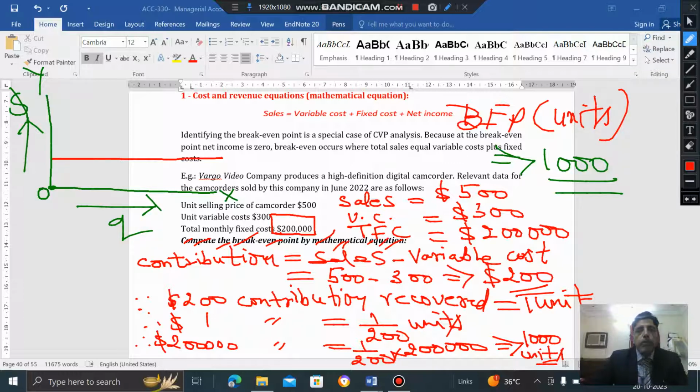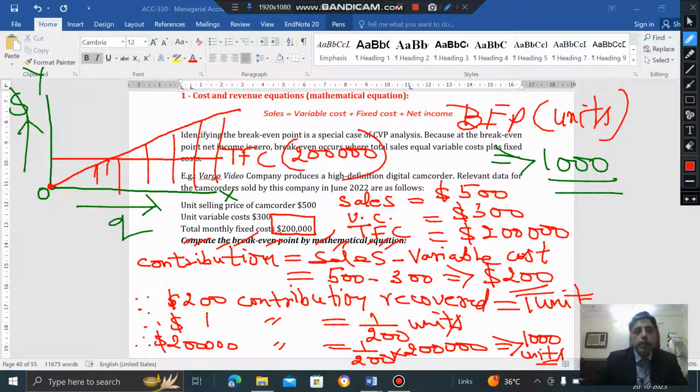If there is a production of 10 units, still the cost would remain the same, because once you are acquiring land or fixtures or machinery, it is a one-time cost. So the fixed cost would remain the same irrespective of any production. Understand? In this case it is showing 200,000. This is the sales line. The sales line will always be taken from this point: zero quantity sold, so there is no revenue generation. As the quantity keeps increasing, the sales will be increasing.